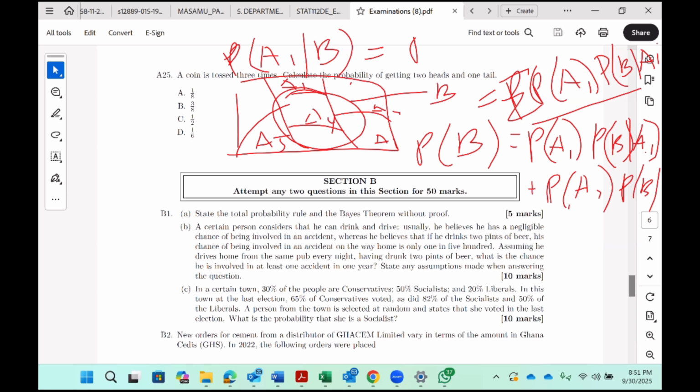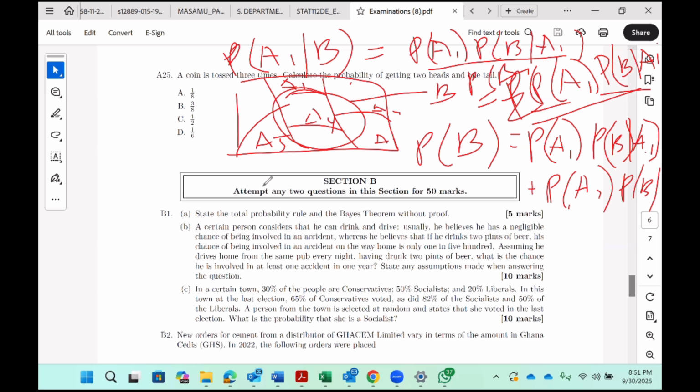So that is what we are just to state here without proof. I hope we have that in our notes, so it shouldn't be a problem.